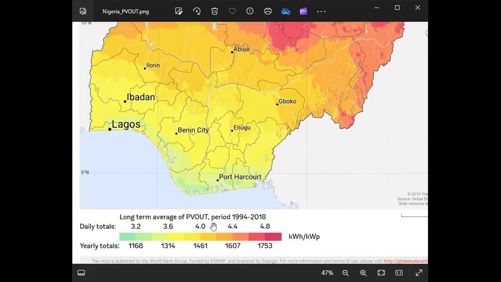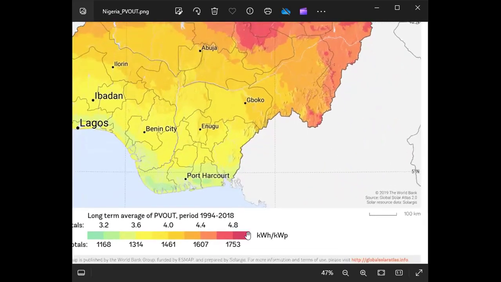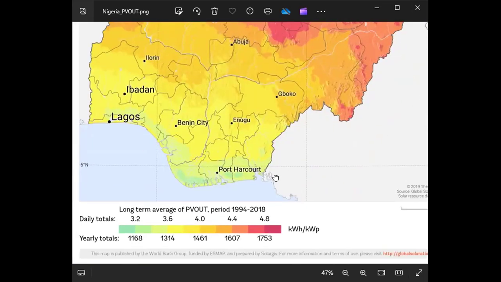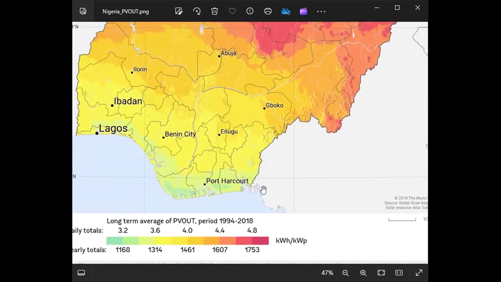If you look at this, it's a daily count. If you are in Maiduguri, you can get 4.8 kilowatt hours of energy generated in one day, as long as you have a 1 kilowatt solar setup.